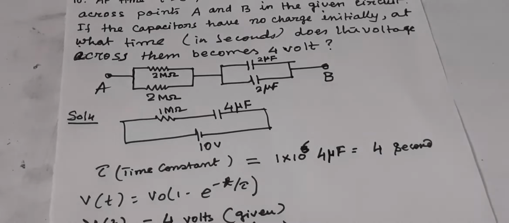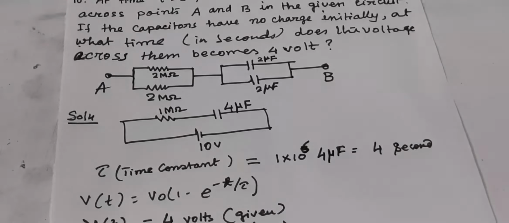This is the standard equation when you charge a capacitor: the voltage across the capacitor will gain in this fashion, V as a function of time equal to V naught bracket 1 minus e to the power minus t by tau.